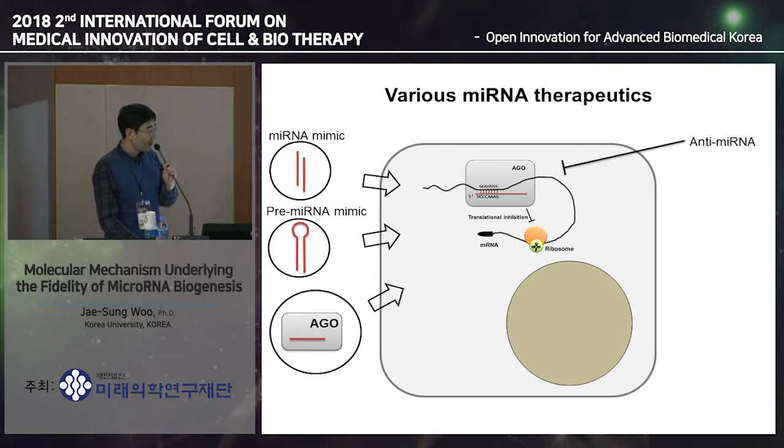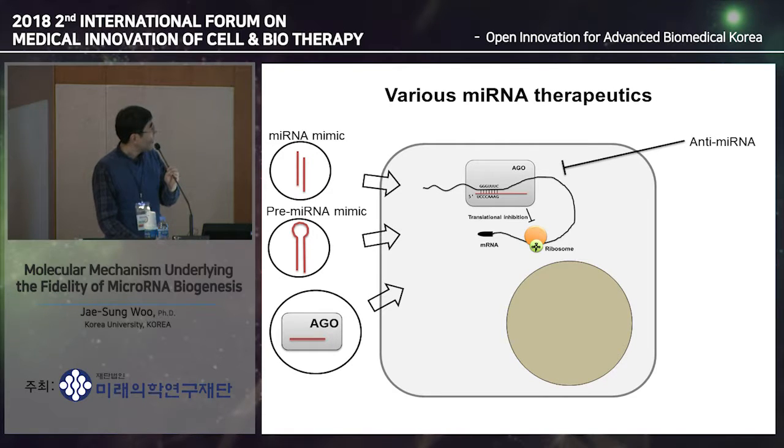There are various microRNA therapeutics under development, and these therapeutics can be microRNA mimics and pre-microRNA mimics, and also AGO microRNA complexes. They can be transfected into the cell to inhibit certain genes.